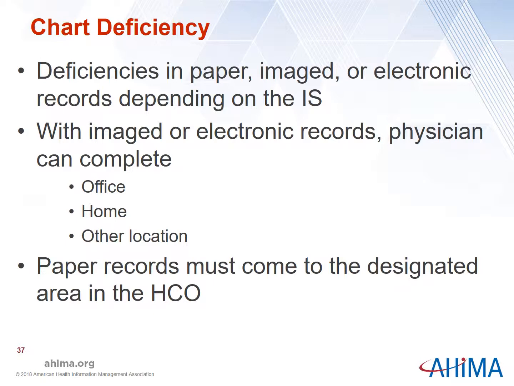The chart deficiency system should be linked to the hospital information system so that patient name, discharge date, and other demographic information are maintained and automatically populated. The chart deficiency system is utilized by both staff and management.